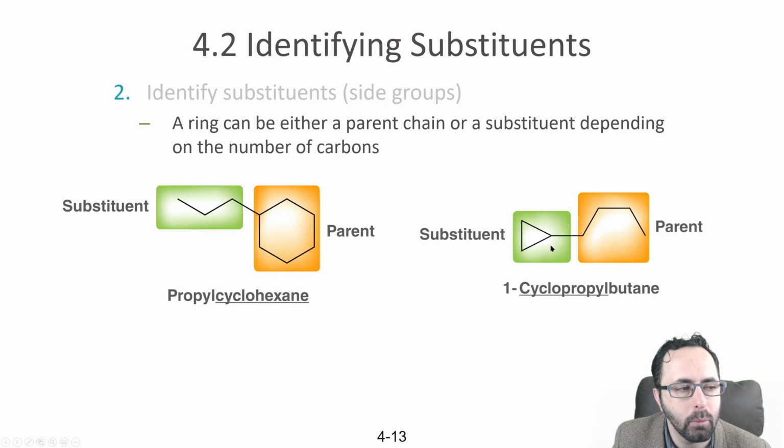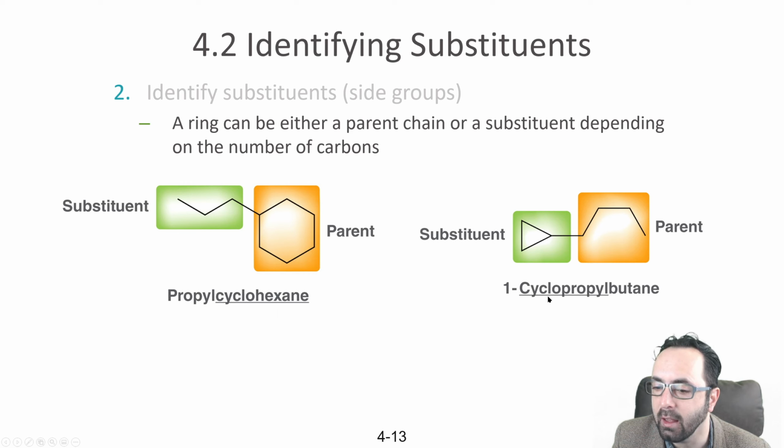However, in this example on the right, the substituent only contains 3 carbons. So the parent here will be the branch off the ring with 4 carbons. So the parent is going to be butane, but for 4 carbons, ane because they're only single bonds. And the branch is going to be the cyclopropyl.